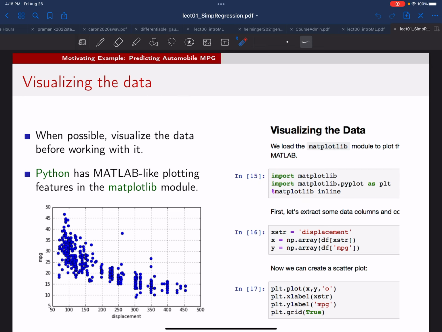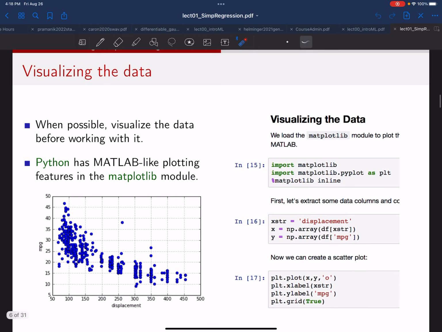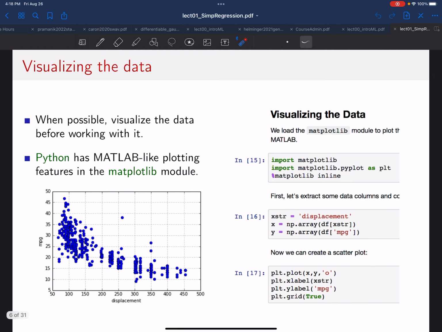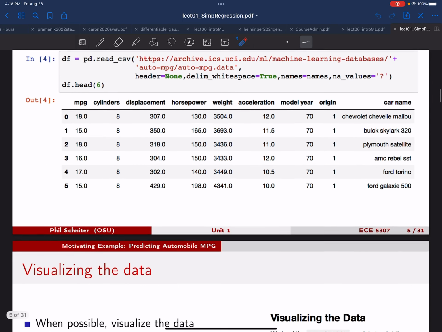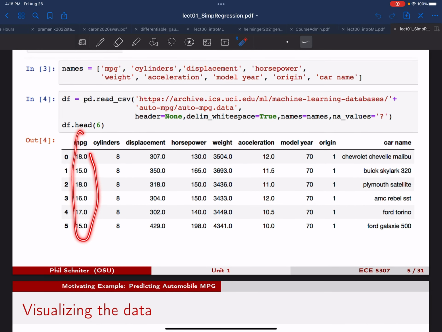And now, in order to do the plot, first we have to extract the data, the numerical values from that data frame. So in particular, what we're trying to do right now is plot miles per gallon versus displacement. So in other words, we're trying to plot this column versus this column, just to see how those two quantities relate to each other in our data set.